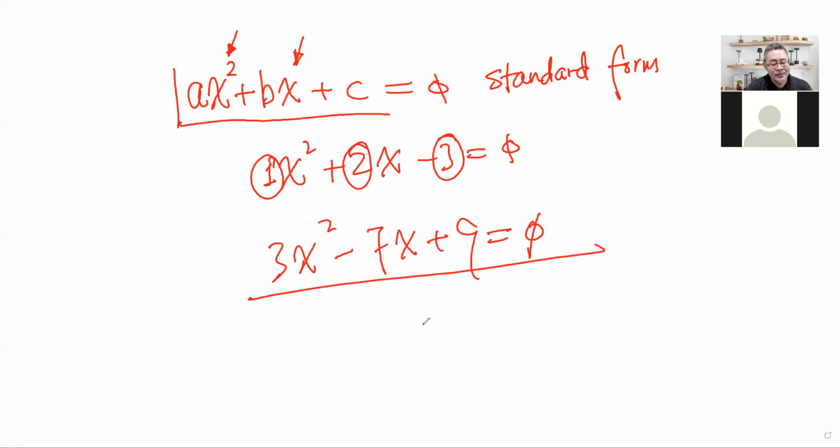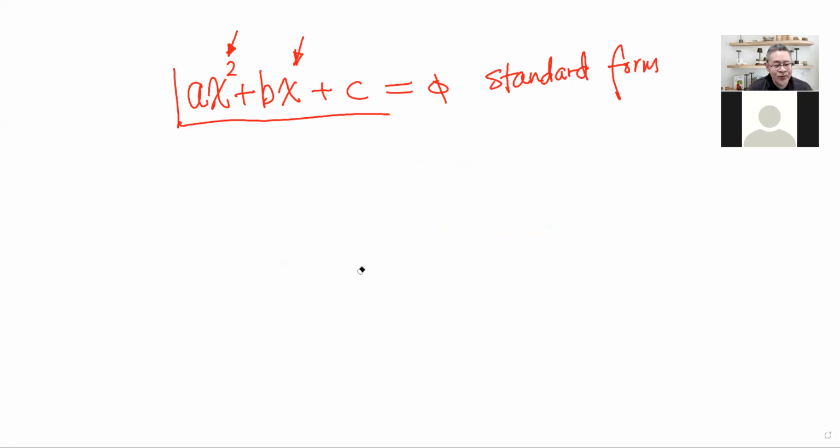Good. And if we have something different, we know it's not a quadratic equation. For example, if I do something like this, 1 over x squared plus 2x minus 3 equal to 0, that's not a quadratic equation because this one is on the bottom.